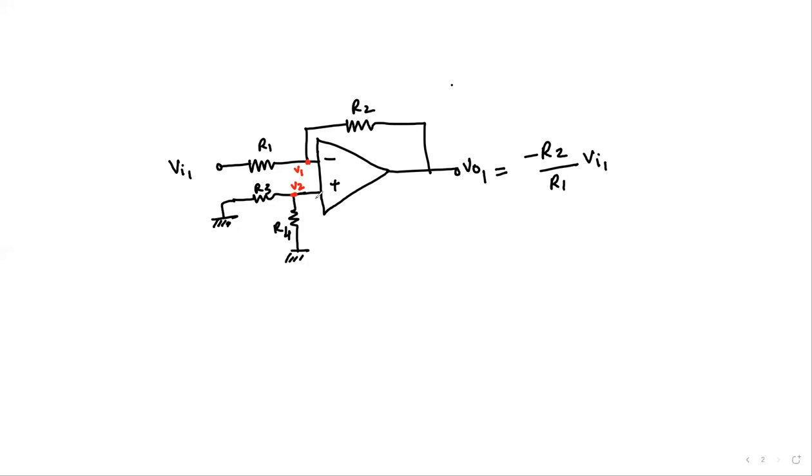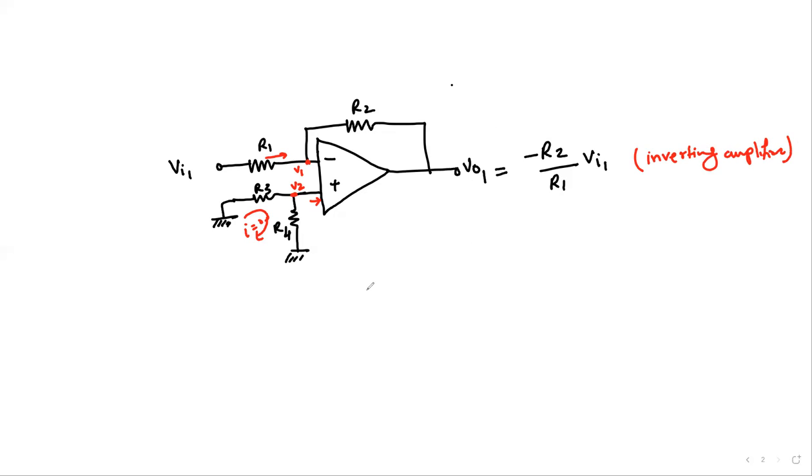Because we know that the current entering is 0, and since there is no current in this loop right here, that is I is 0, we have only this current that flows. So this is the standard inverting amplifier that we've seen before.